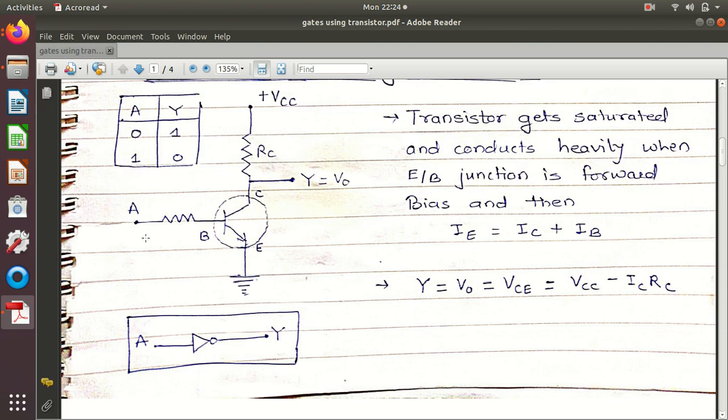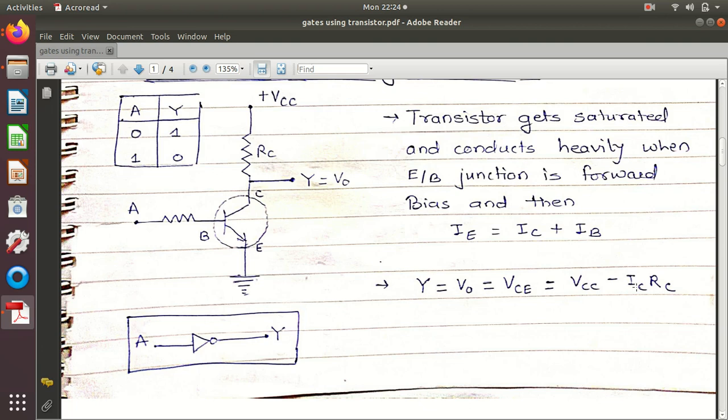On the other hand, when A equals 0, the transistor will not conduct at all, meaning it will act in the cutoff region. It will act as an open switch. If it is an open switch, then whatever voltage we supply gets dropped across this NPN transistor, and no current will flow through the circuit.